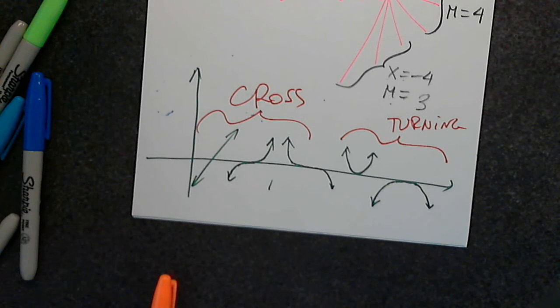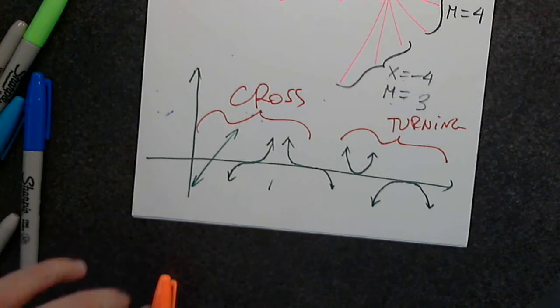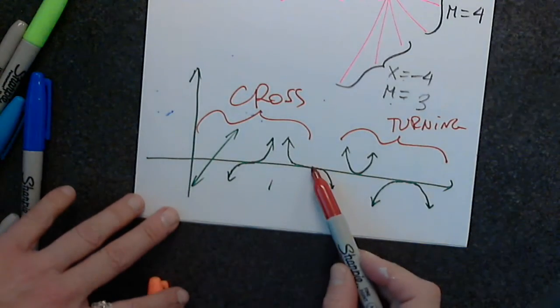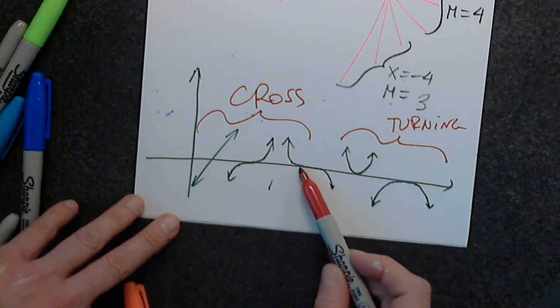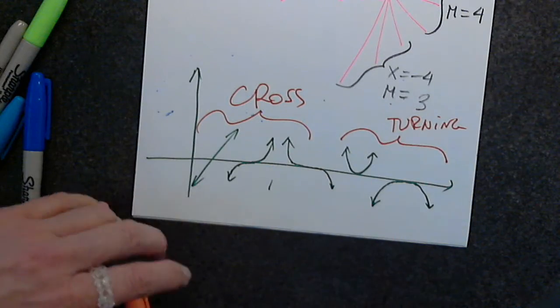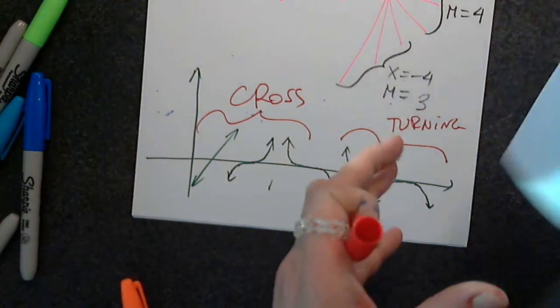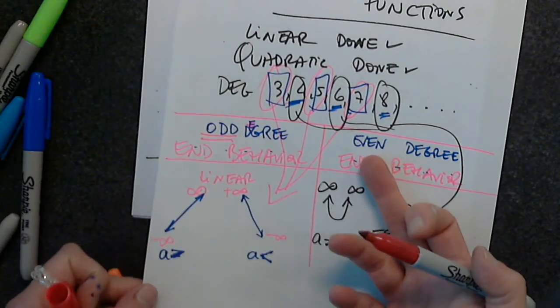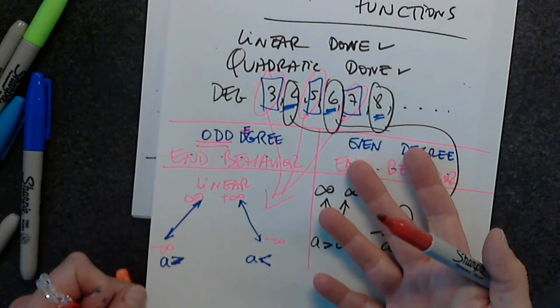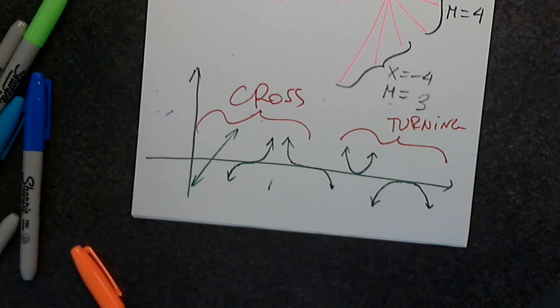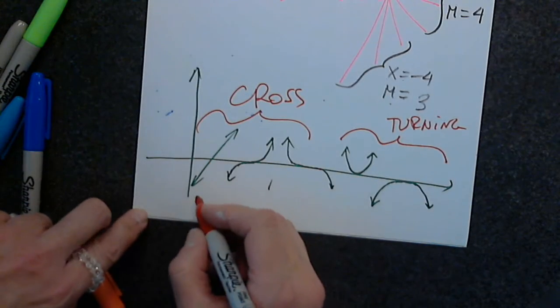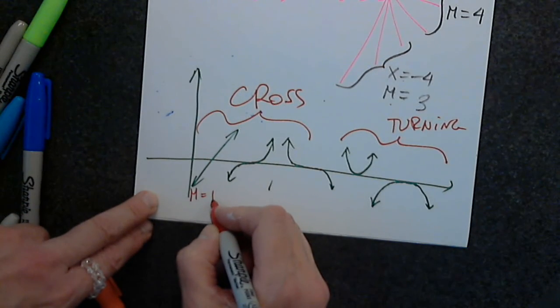They're touching, but turning at the same point. Is that clear? Okay. Every time a polynomial function crosses, it has an odd multiplicity. Nothing to do with the degree, nothing to do with symmetry, nothing. No connection whatsoever.